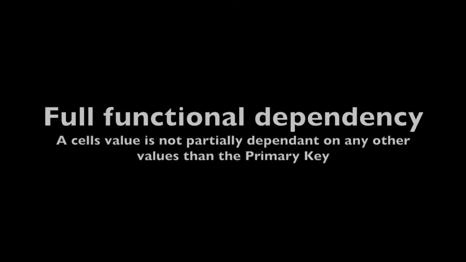Let's talk about the second normal form. A table is on the second normal form when all of the values in the table have a full functional dependency on the primary key in that table. Full functional dependency means basically just that a cell's value is not partially dependent on any other values than the primary key.